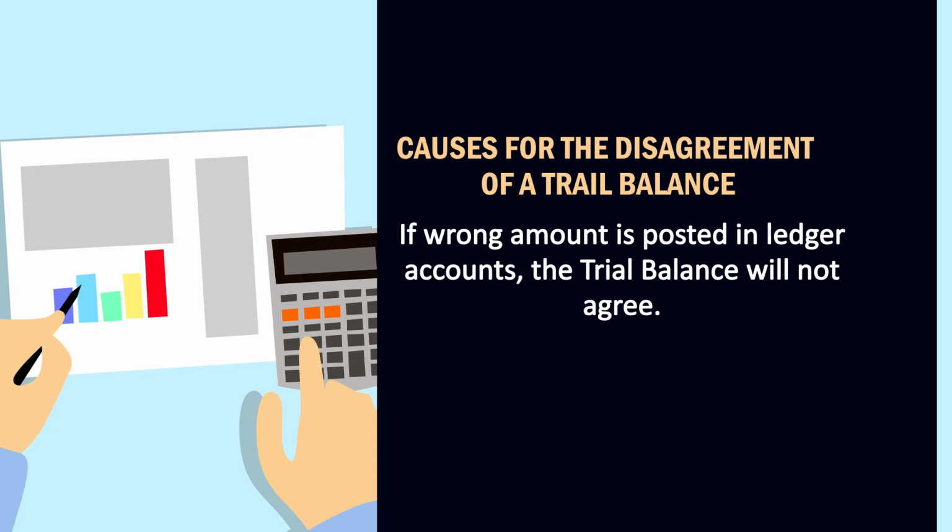Next one is, if a wrong amount is posted in ledger accounts, the trial balance will not agree. Yes, this is true that when a wrong amount is posted in the ledger accounts, the trial balance will not agree, because say for example, if you have made the totaling of a particular ledger account and there is a debit balance of rupees 20,000.